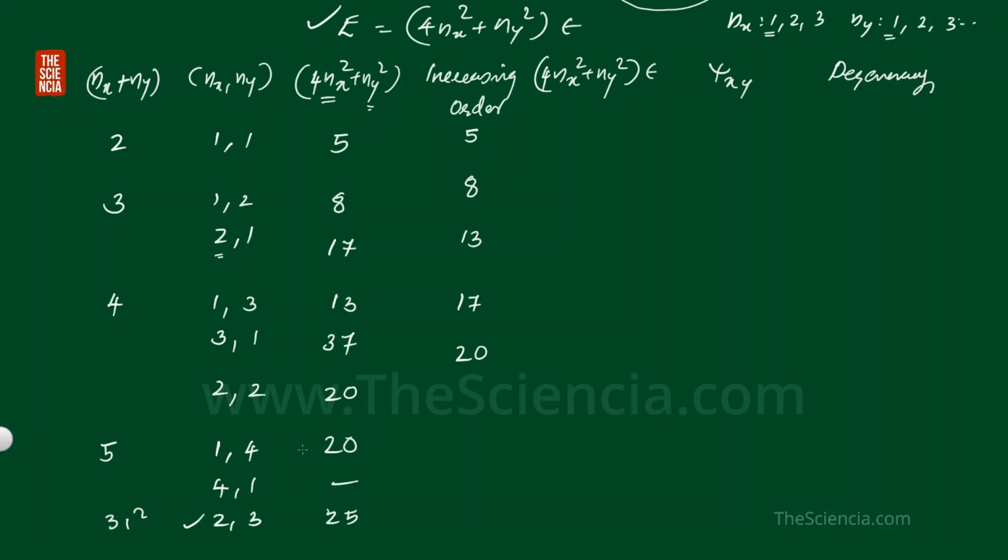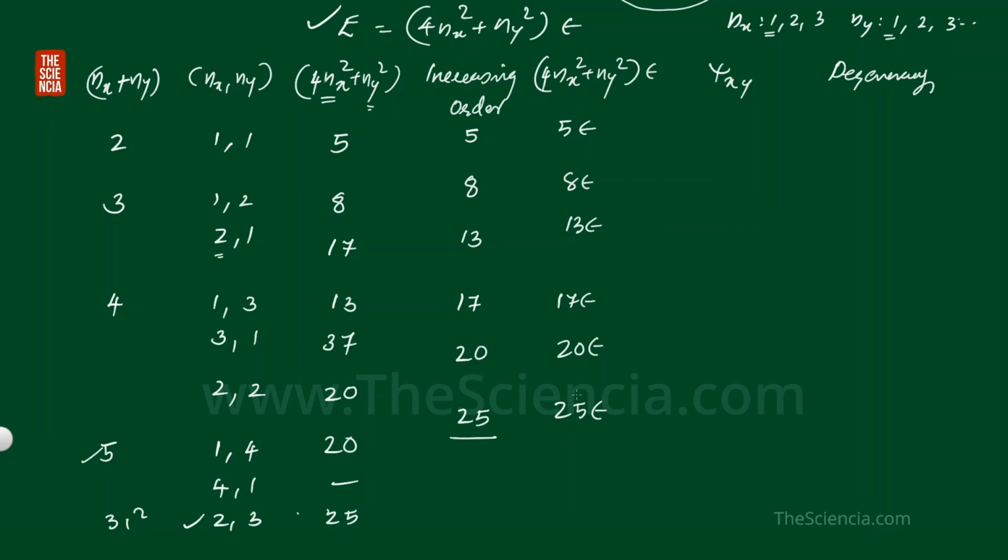So I am going to write this in increasing order, that is 20, and the next one is 25, and so on. If you solve for nx plus ny equal to 5 and 6, then you will get more terms, then you can write them in increasing order. Now I am stopping at 25. Okay, so the corresponding energies are 5E, 8E, 13E, 17E, 20E, and 25E.